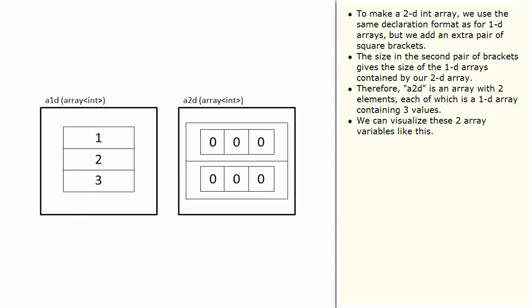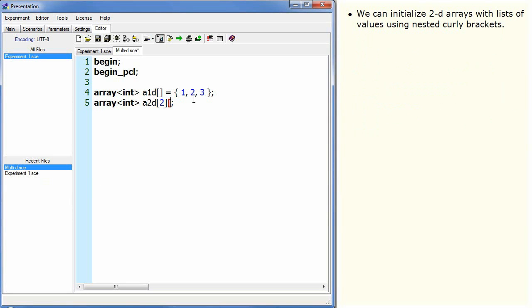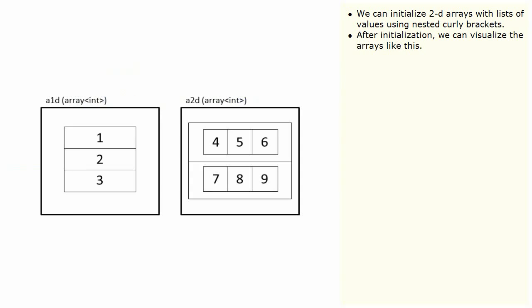We can visualize these two array variables like this. We can initialize 2D arrays with lists of values using nested curly brackets. After initialization, we can visualize the arrays like this.